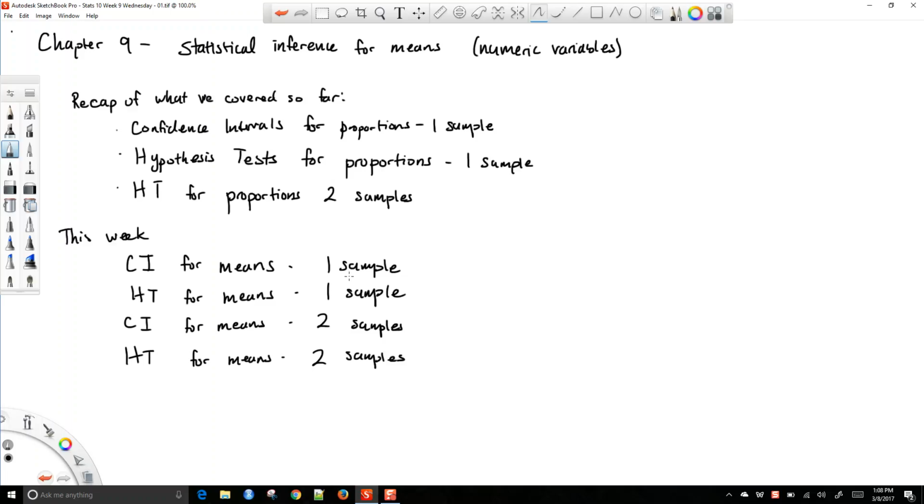All right. So, all of these are listed out on the formula sheet. One thing that the formula sheet has that we did not cover is confidence intervals for proportions with two samples.